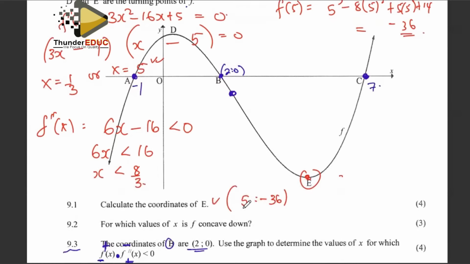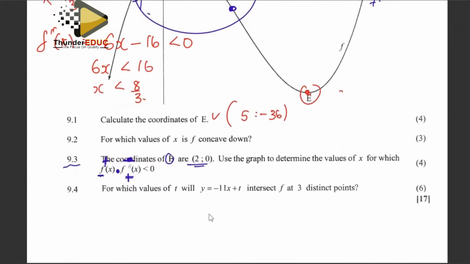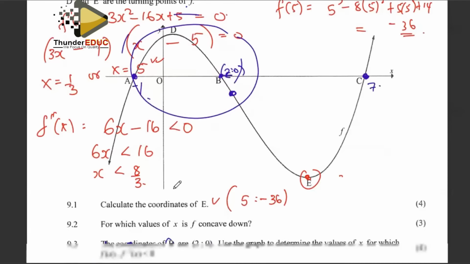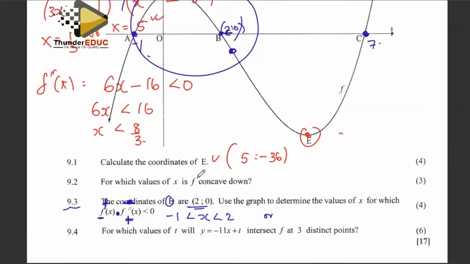So if the graph is concave, let's say down, where is it concave down? It is this region. And then the graph is above the x-axis, which is between -1 and 2. So we're going to say that -1 is less than x, which is less than 2. And then we're also seeing this scenario whereby, where do we look at the concave up? It is within this region here.